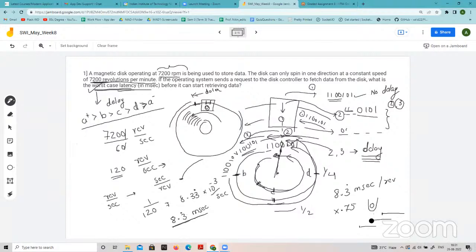If the reader just started where my data was crossing it, that is okay. But if my reader somehow missed the head, it will have to wait for the entire data to take the entire rotation and come back. We are not really bothered about 3 bits here and 3 bits there. If the head is gone, it's gone.